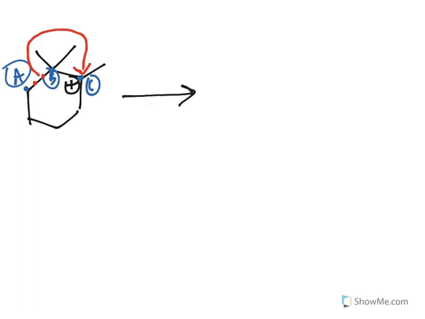So remember, we're breaking the bond between carbon A and B, and we're forming a new bond between carbon A and carbon C. So we're getting something like this. Again, on carbon C, you have a methyl group, and then the bond between carbon B and carbon C whips around, and you form that right there, just like that.